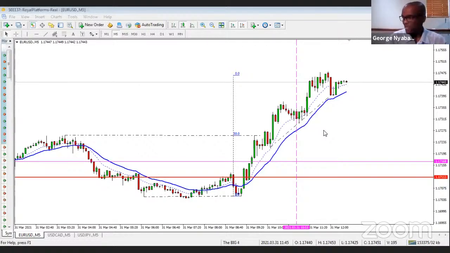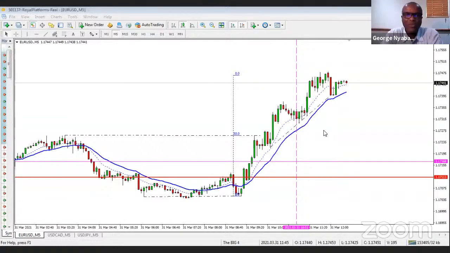What's also interesting, I just have Forex Factory open on the side here. If we have a look at Forex Factory, my time 2:15, which is about 2.5 hours or so from now, we're expecting to get ADP non-farm employment change.